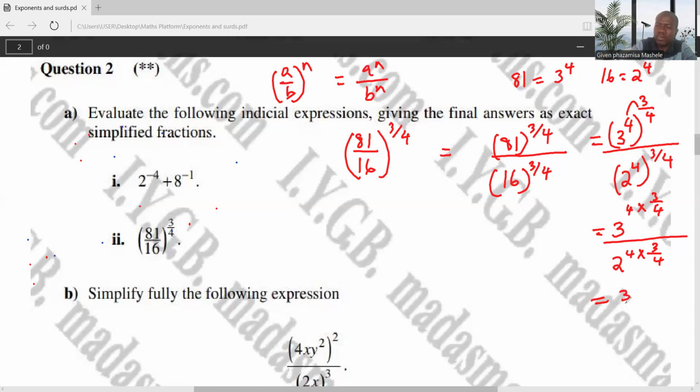So it's 3 to the exponent of 3 over 2 to the exponent of 3. And the final answer: since the bases are not the same, 3 to the exponent of 3 is 27, and 2 to the exponent of 3 is 8. So our final answer is 27 over 8.